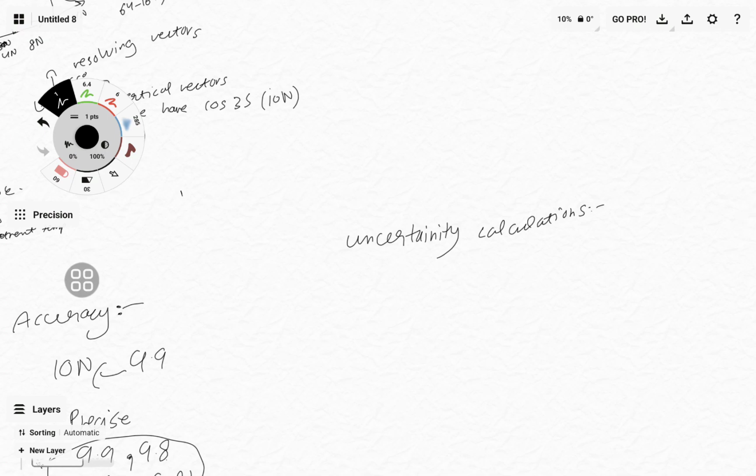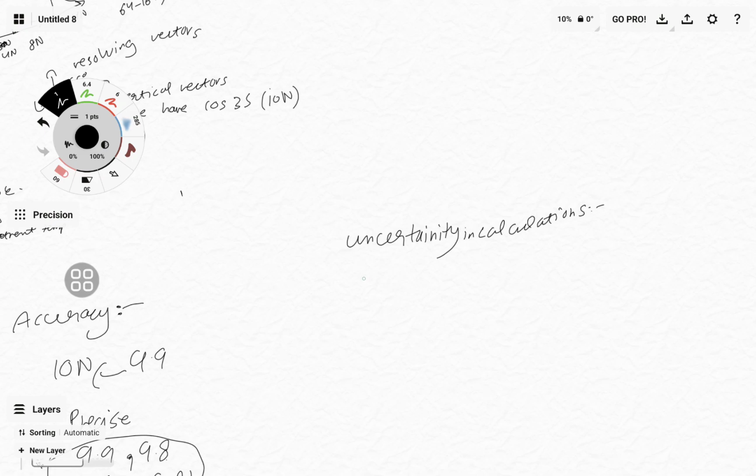Uncertainty in calculations. So uncertainty is basically some type of uncontrollable value, like you would not get the true value but close to it.